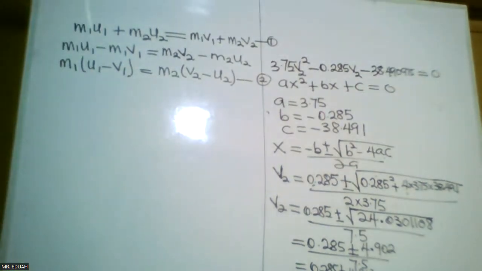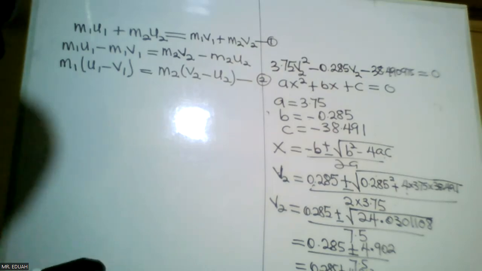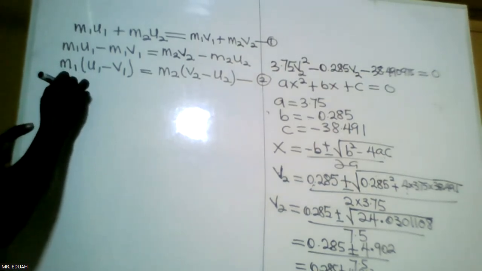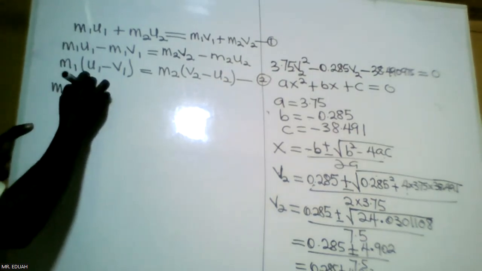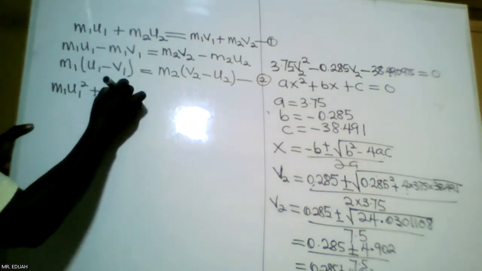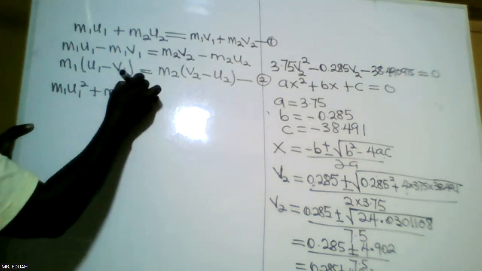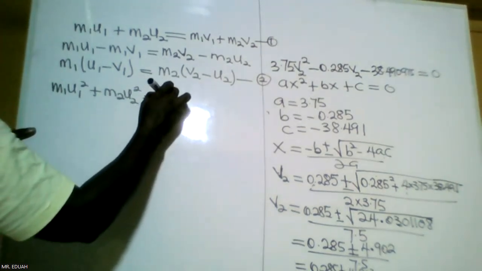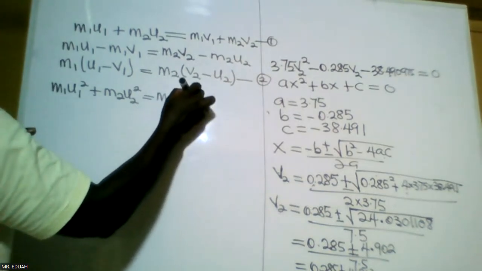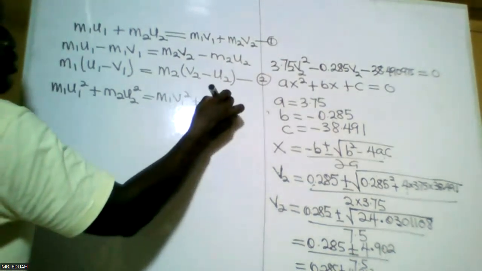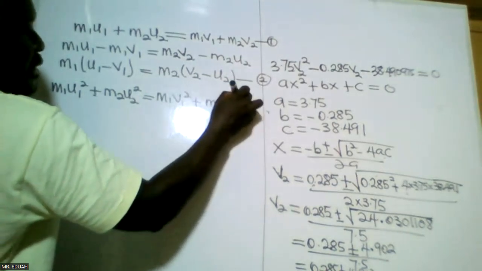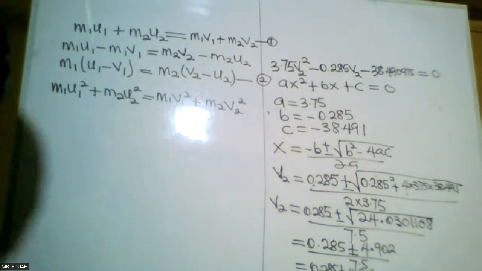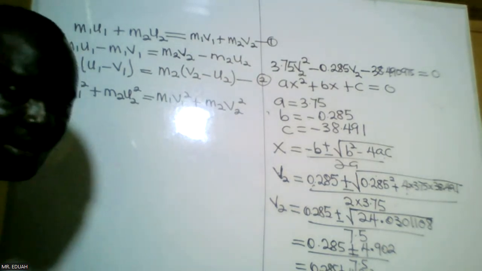Then write it for conservation of kinetic energy. We had M1 U1 squared plus M2 U2 squared is equal to M1 V1 squared plus M2 V2 squared. And here, don't forget, you are considering the bodies moving in the same direction.